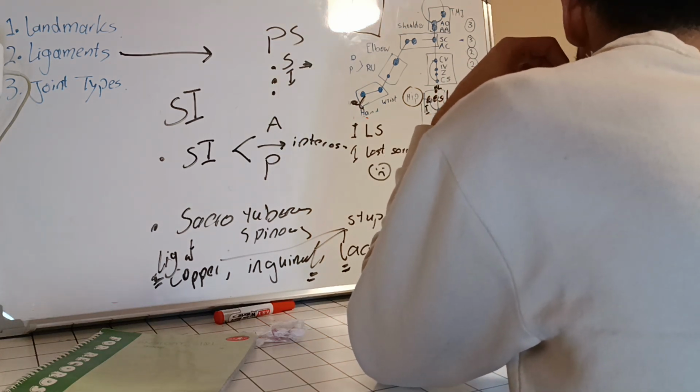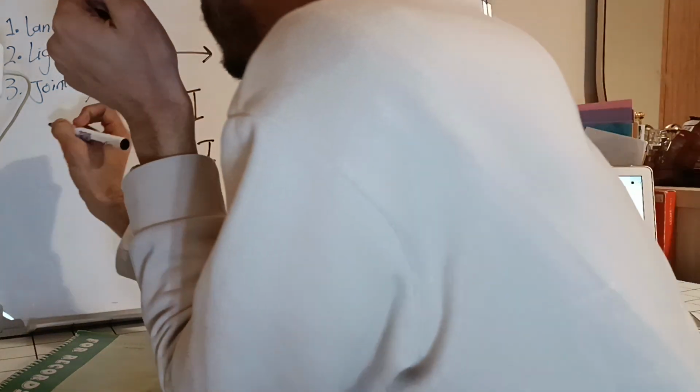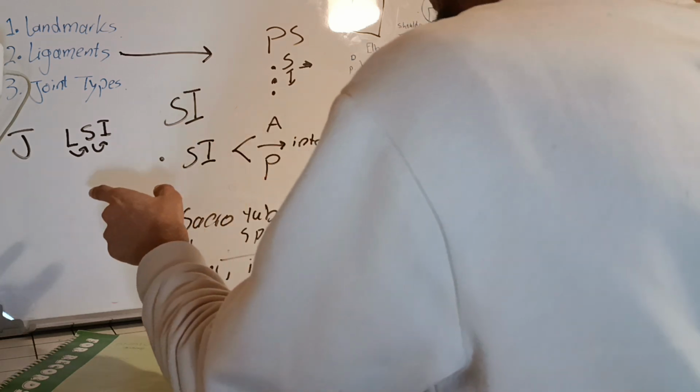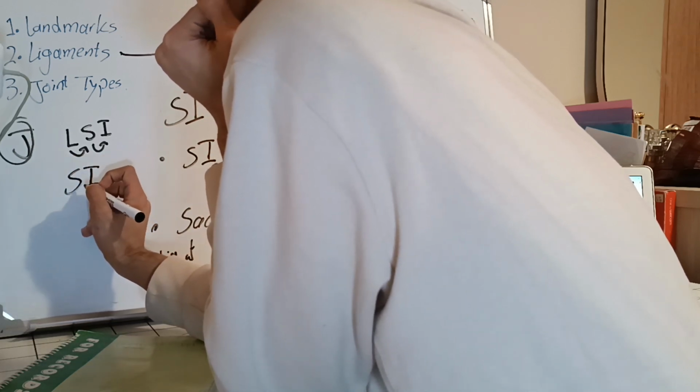Iliolumbar, lumbosacral. So let me begin here. In terms of the joints, there are the lumbosacral joint and the sacroiliac joint. In terms of the sacroiliac, there is the sacroiliac ligament.